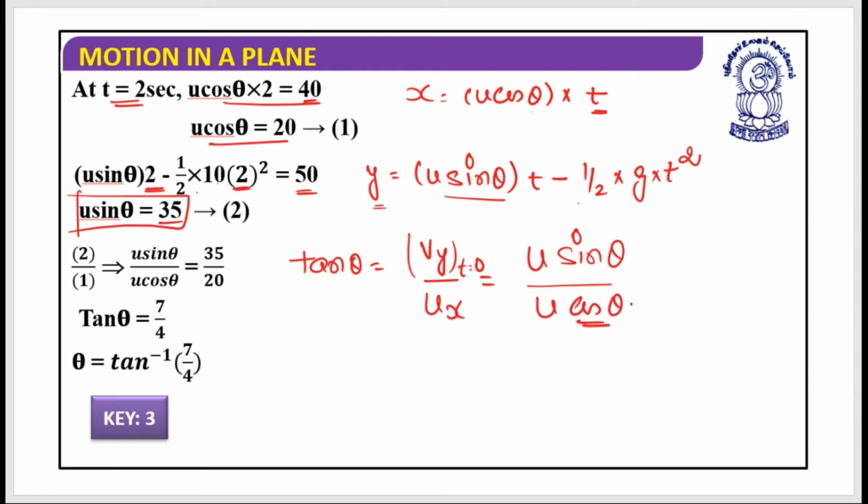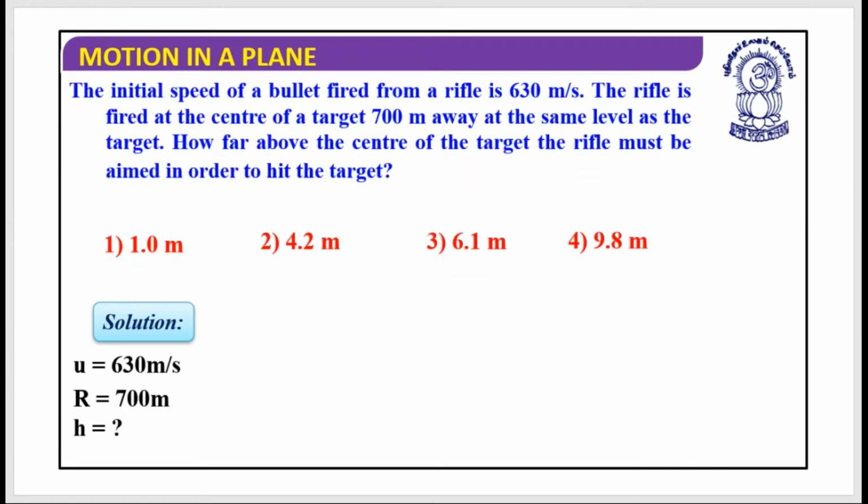I have the value of u sin theta as 35 and u cos theta as 20. That's 7 fives and 4 fives, so this is 7 by 4. So theta is equal to tan inverse of 7 by 4. Is it clear? Any doubts? No? Great. Let's move to the next question.